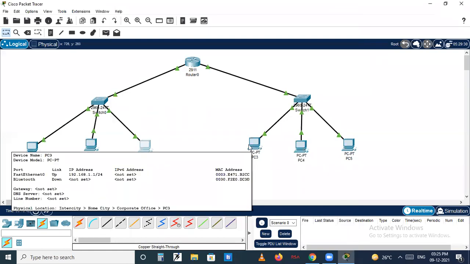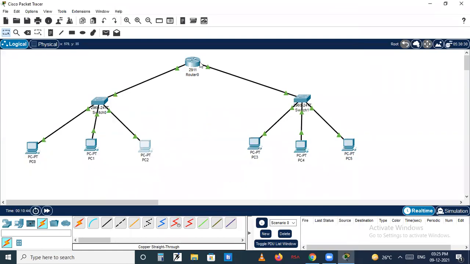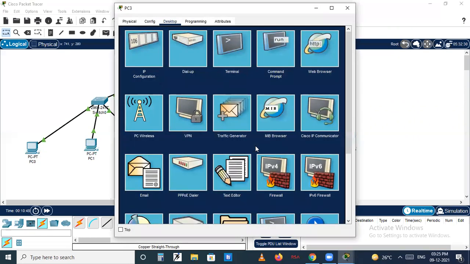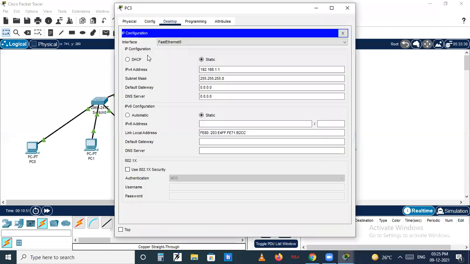Similarly, the default gateway for these systems will be the IP address of this one. Okay. So 192.168.1.4.